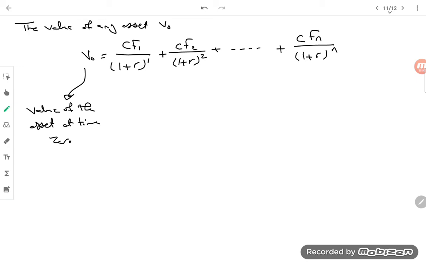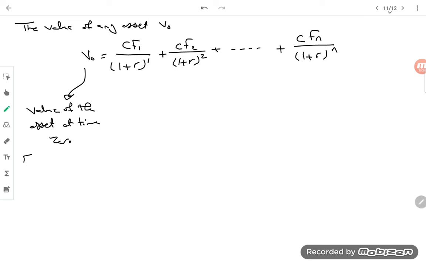Say for example, if you are going to buy a stock in any company and you expect to receive cash dividends of $300 per year, and the expected discount rate is 0.12.